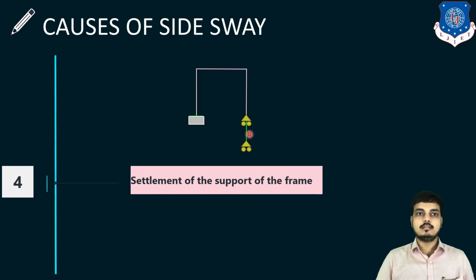Whenever you see this support moving, the frame will try to move in a kind of sway. So a settlement of support means there is a sway in the frame.